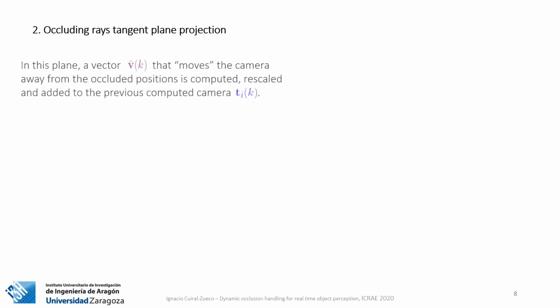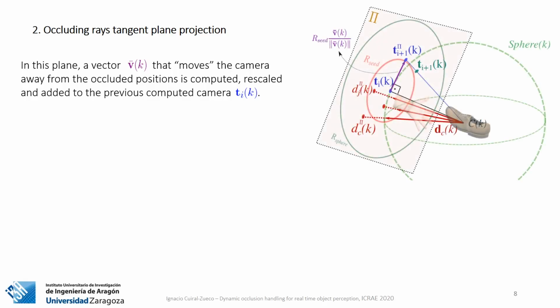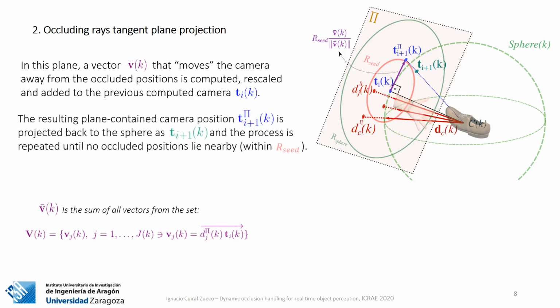I can also define a vector in order to move the camera away from the red dots here, which are the occlusion rays projections. This vector is the sum of the vectors generated from these occlusion rays projected on the plane, and with a common ending, which is my current camera position.